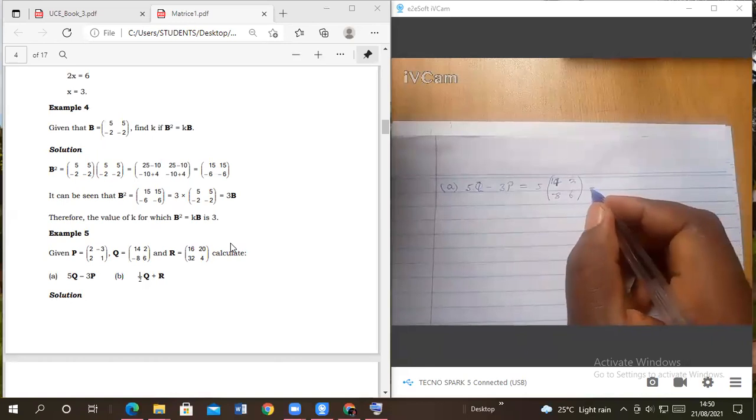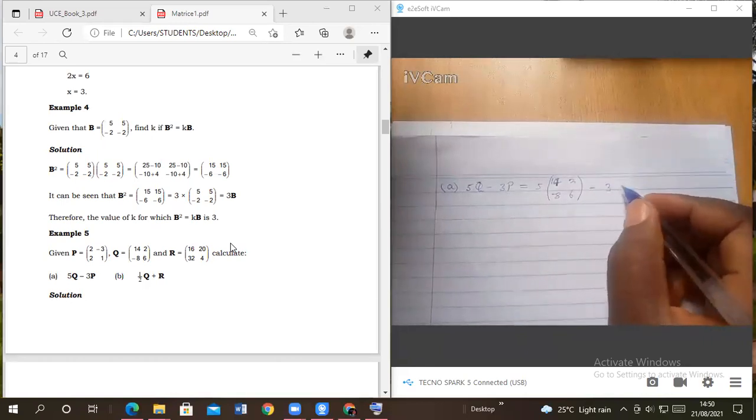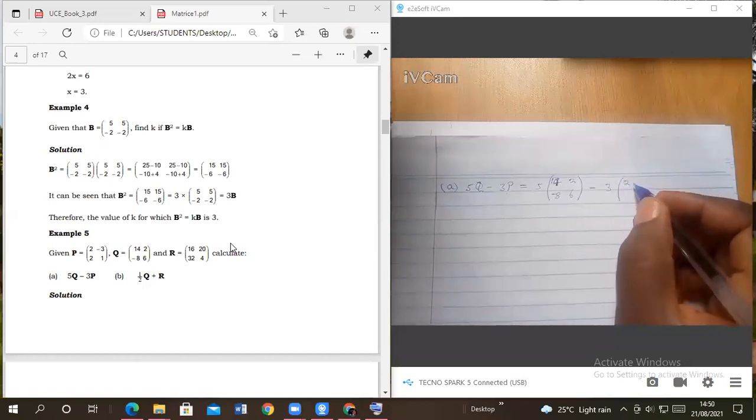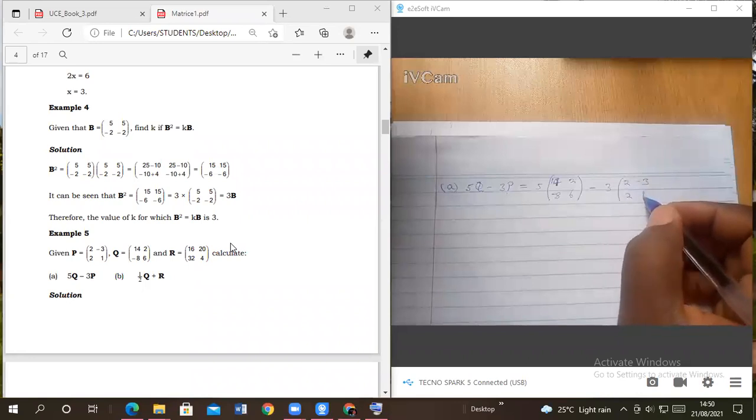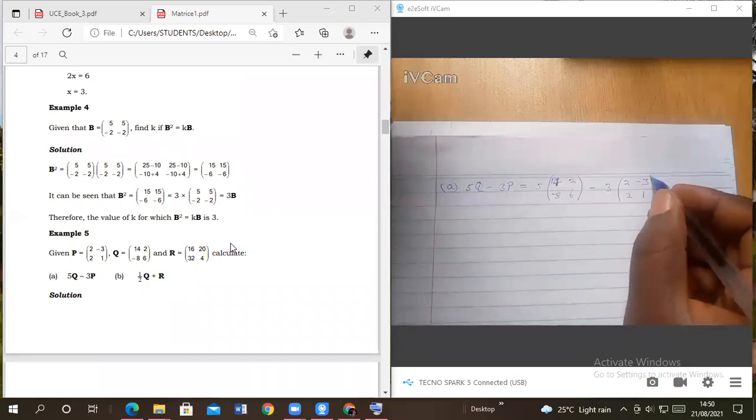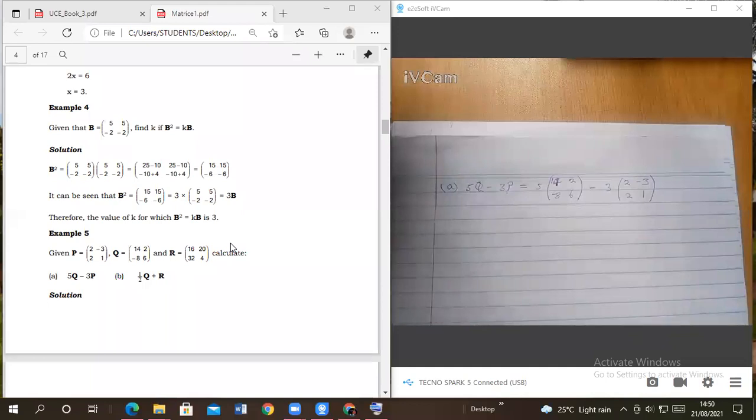Then minus 3 into the matrix P, which is 2, negative 3, then 2, 1. Is it clear?